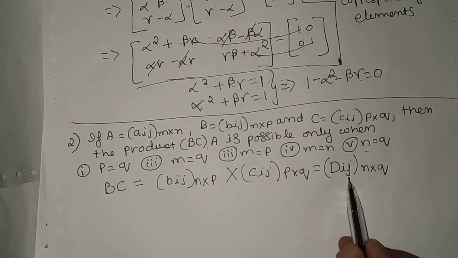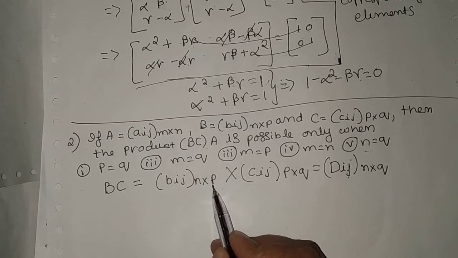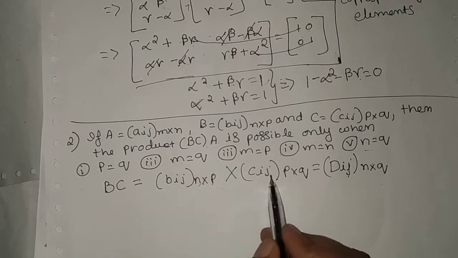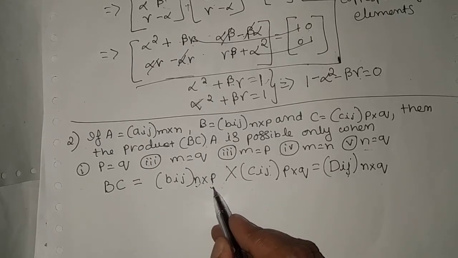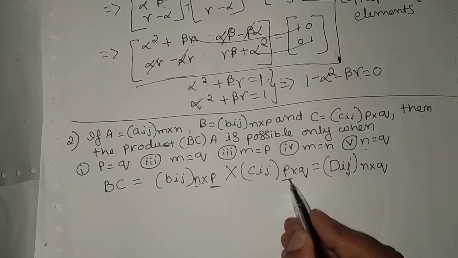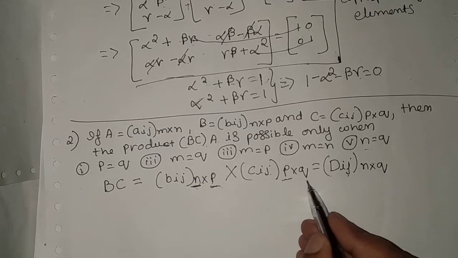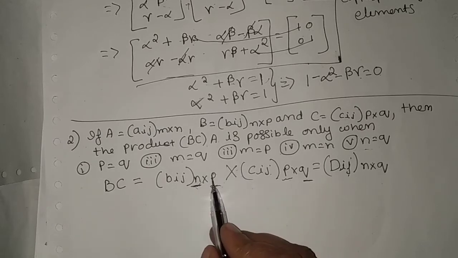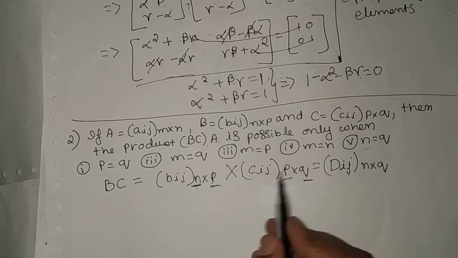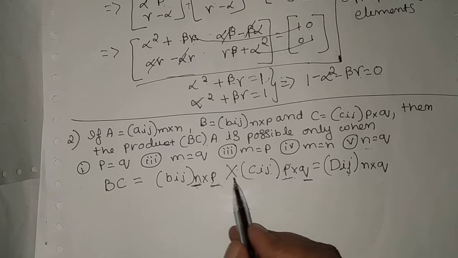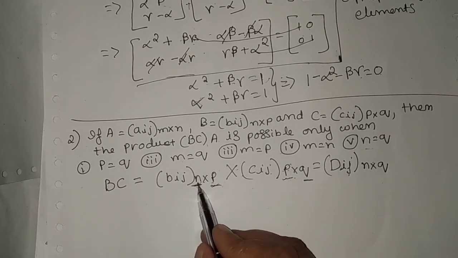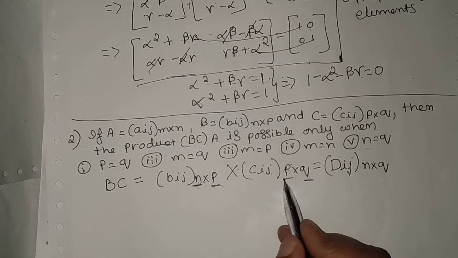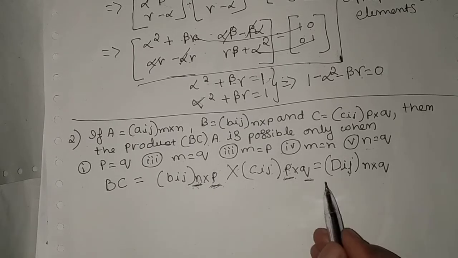Since p is common here, P is eliminated, and we write n into q. So the common things I have written here.